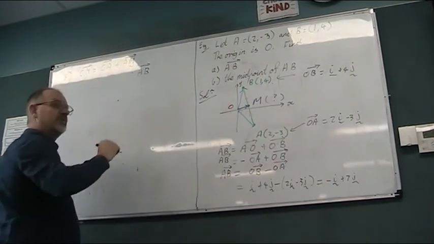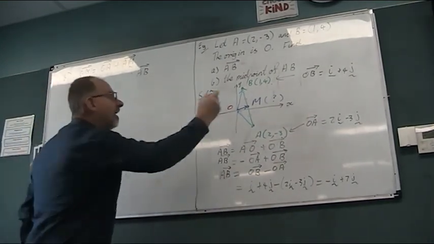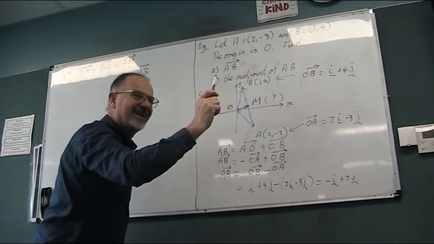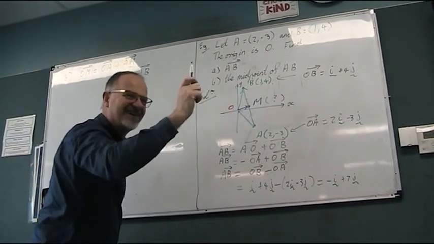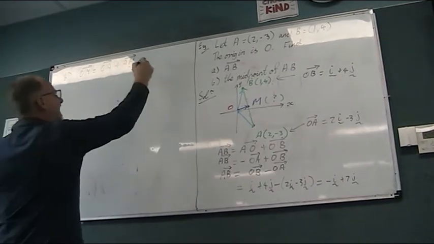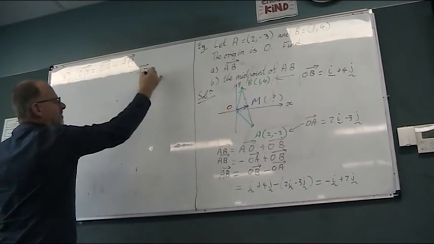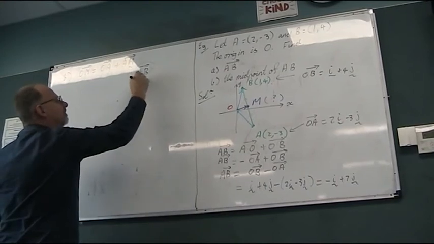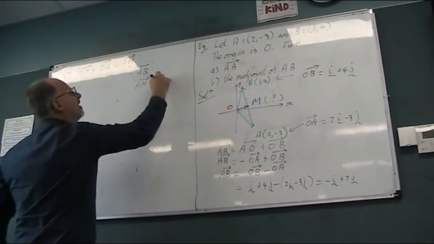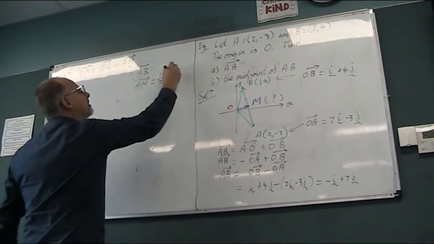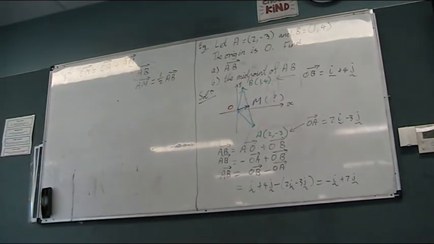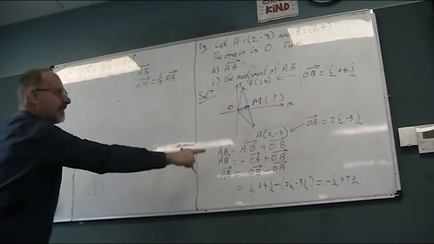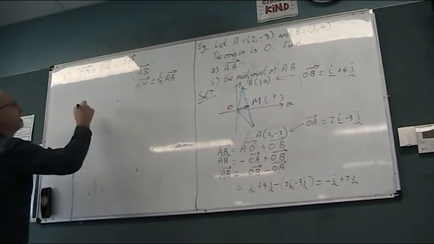And this constant would be midpoint, halfway, is it not? So the constant would be a half. So from that we know that AM is a half of AB. That's handy because we already know AB. We've figured that out over here.